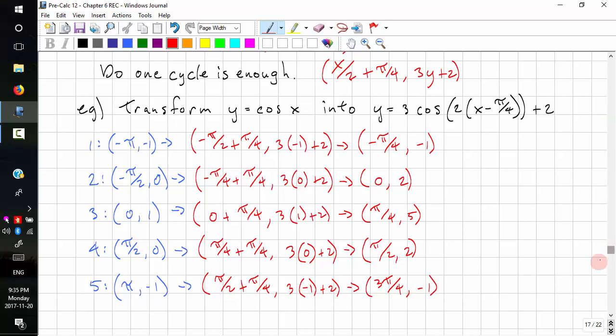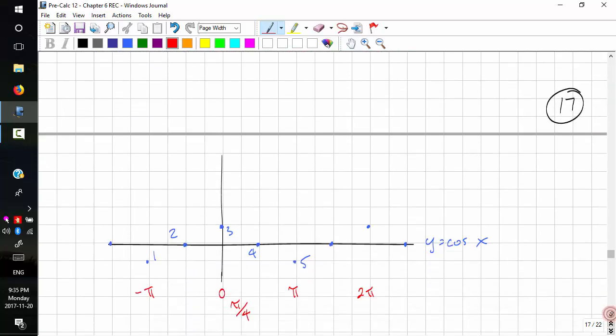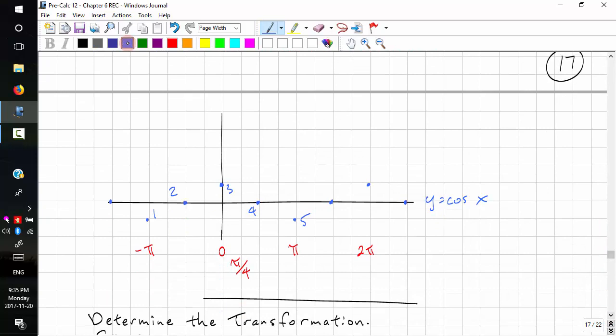And if you plot these, here's our original. Plot point 1. We have negative pi over 4, negative 1. So this point's going to there.